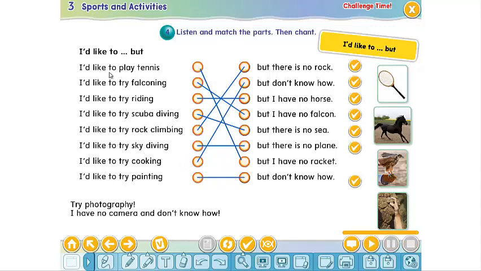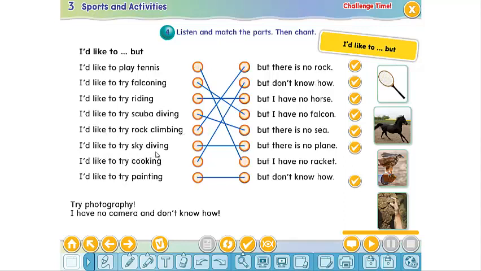Okay, I'd like to play tennis number 1, but I have no racket. بس ما عنديش طبعا مضرب. I'd like to try falconing. Okay, but I have no falcon and saddle. I'd like to try riding, but I have no horse. I'd like to try scuba diving, but there is no sea. ما في بحر. I'd like to try rock climbing, but there is no rock.